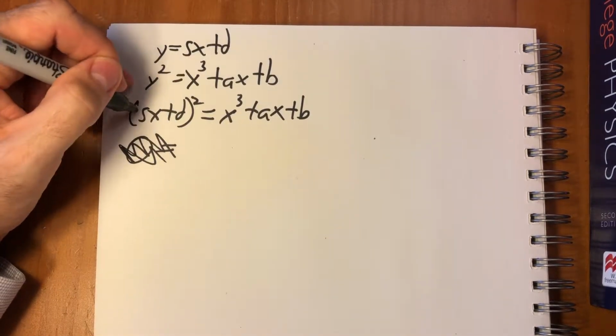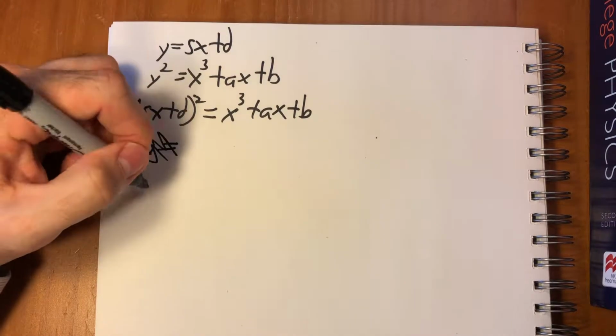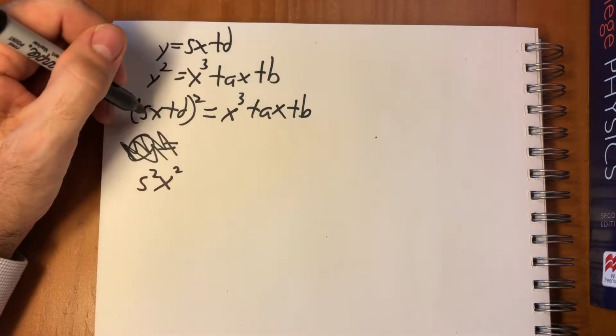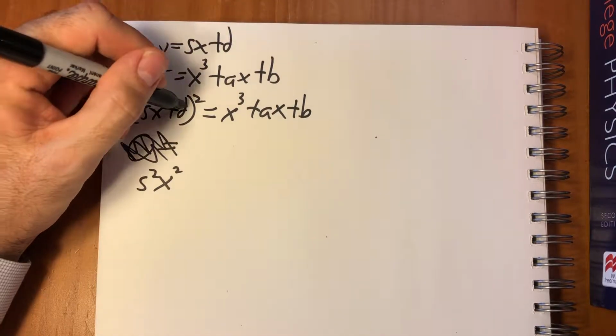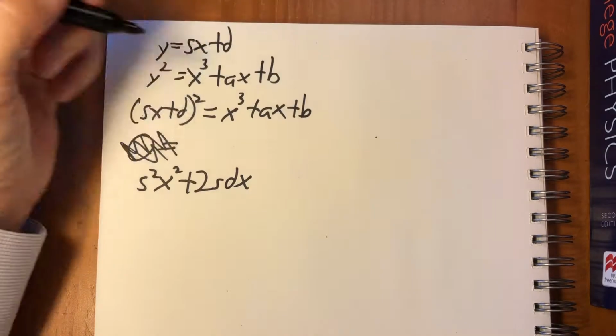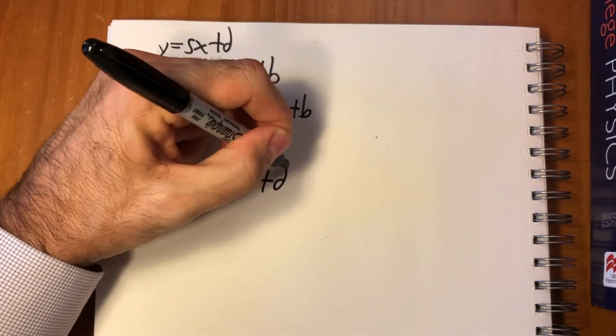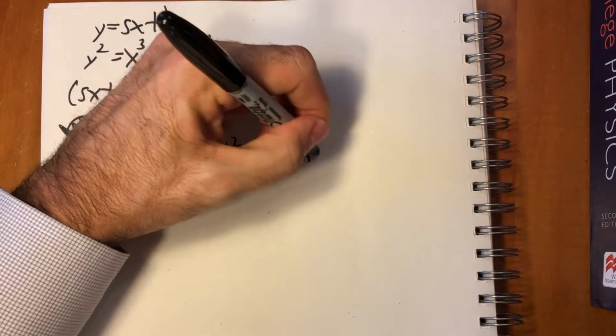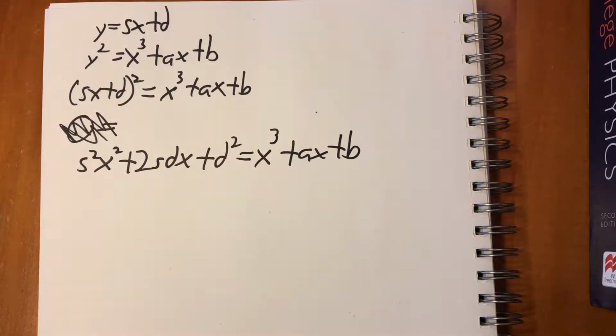So we just do FOIL. So it's s squared x squared plus 2sdx plus d squared equals x cubed plus ax plus b. Okay?